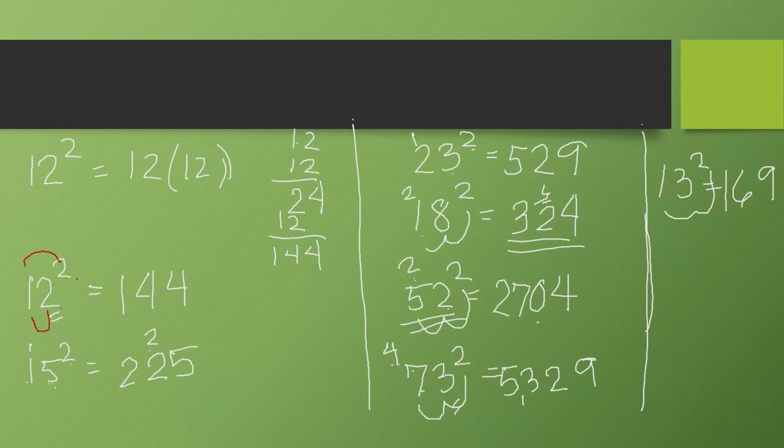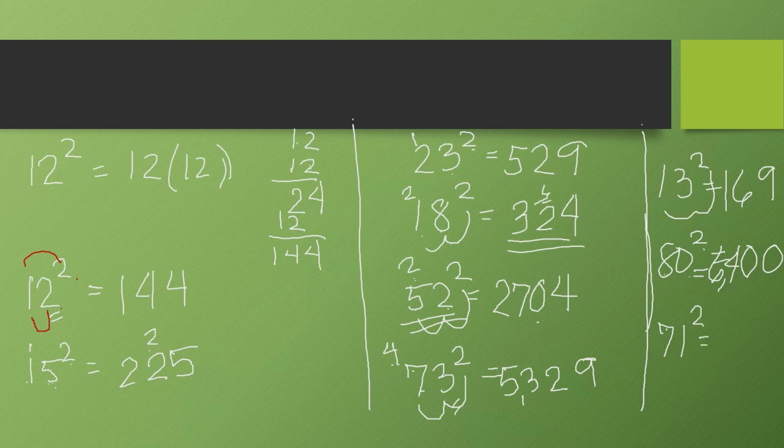Halimbawa, another last example, square of 80. Square of 0 is 0. 8 times 0, 0, times 2, 0. Square of 8, that is 64. Meaning we have 6,400.